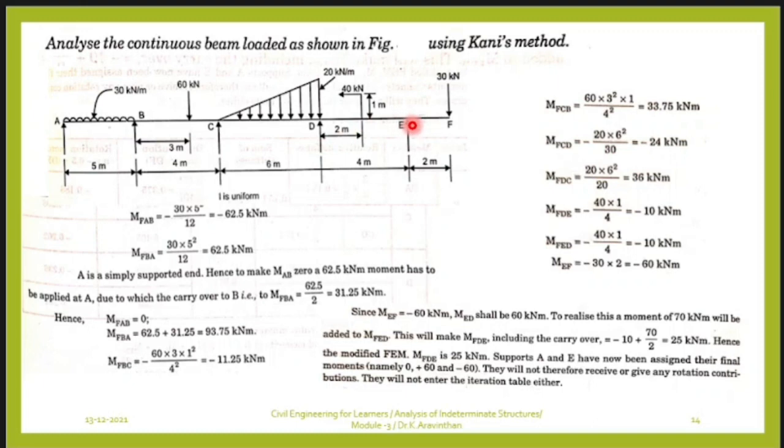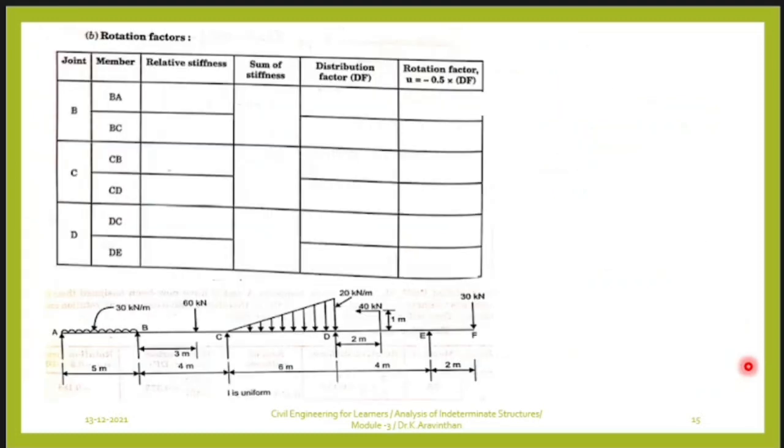So 35 will be distributed to joint D. In DE you have minus 10 kilonewton meter, you have to add plus 70 by 2, that is 35 minus 10, which will be 25 kilonewton meter. Why? Because 70 will be plus and this is minus. So this will be your answer.